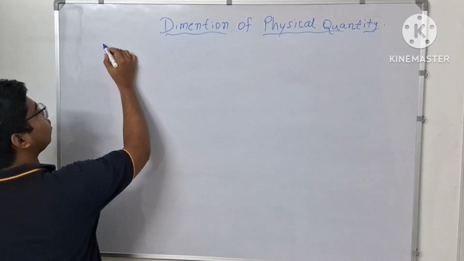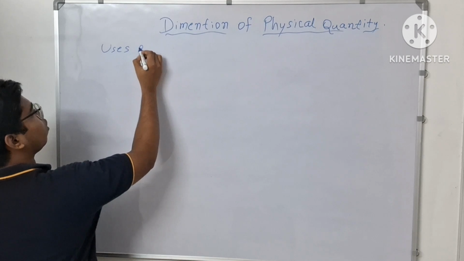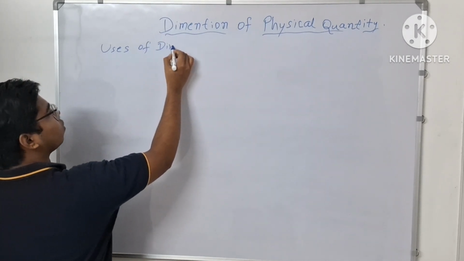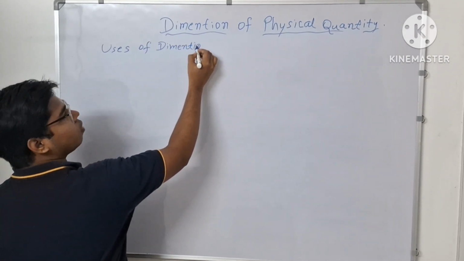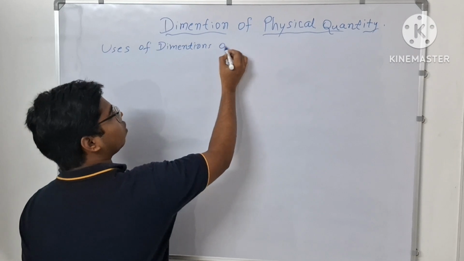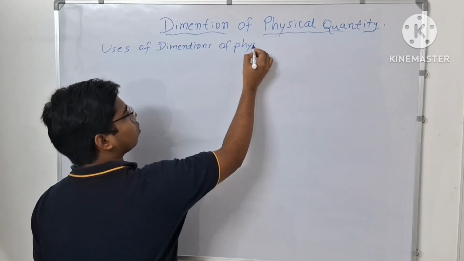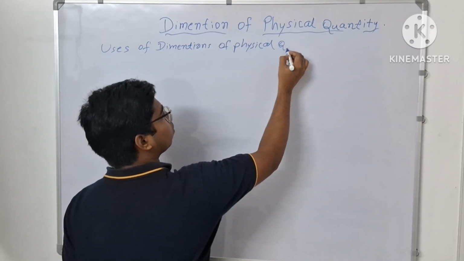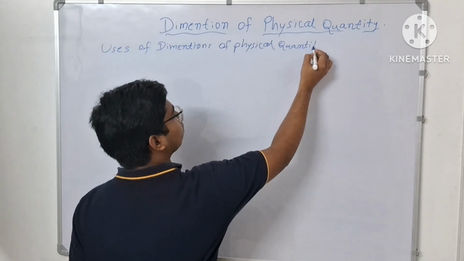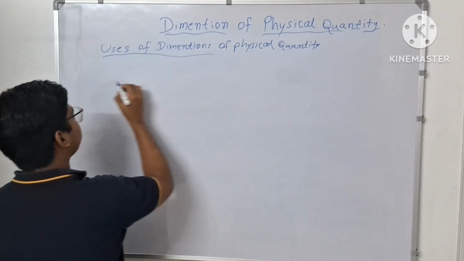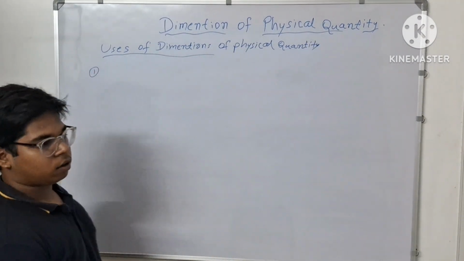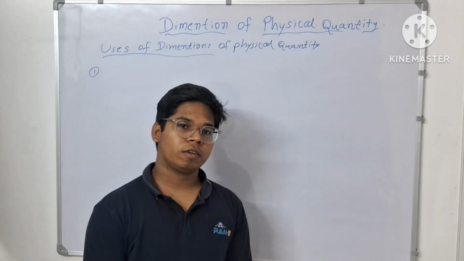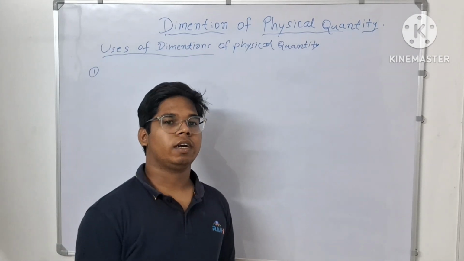So what are the uses of dimensions of physical quantity? First, to check the homogeneity of equations, we need dimension.